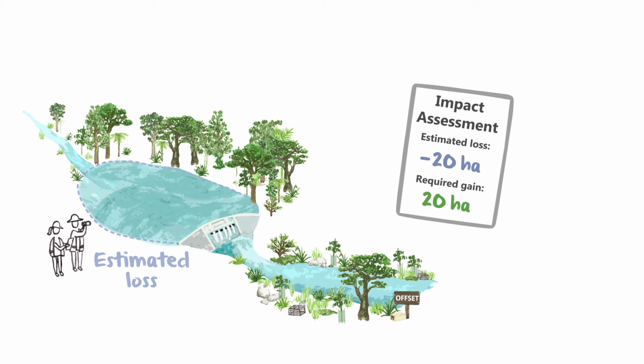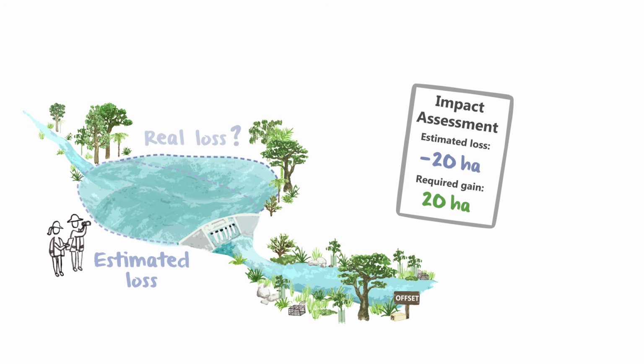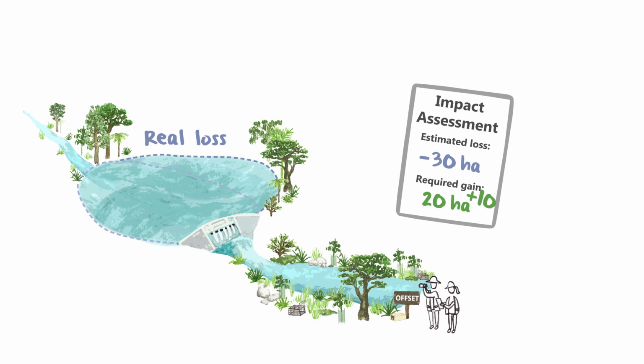However, it's important to check that these assumptions are correct and to make sure that the losses at the development site and the gains at the offset site are measured in the same way and using consistent sets of assumptions. If this is not done, it may not be possible to compare the losses and gains, and the success of an offset can't be verified.